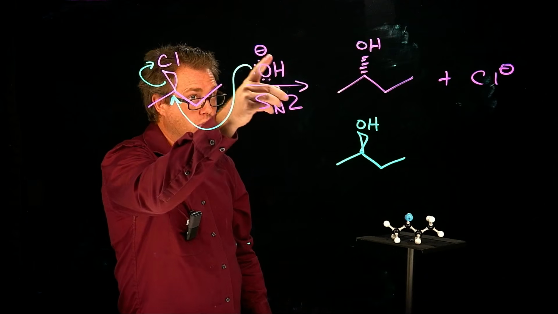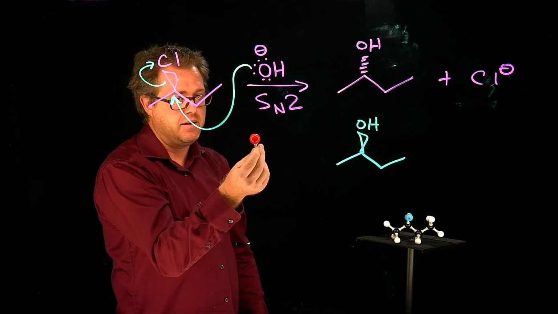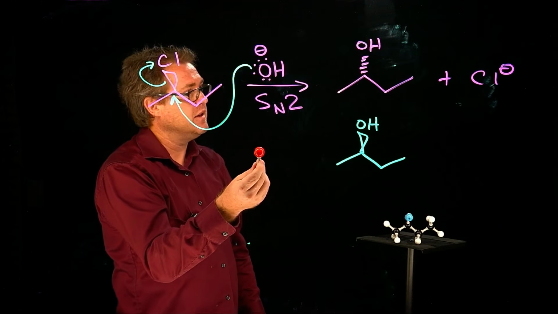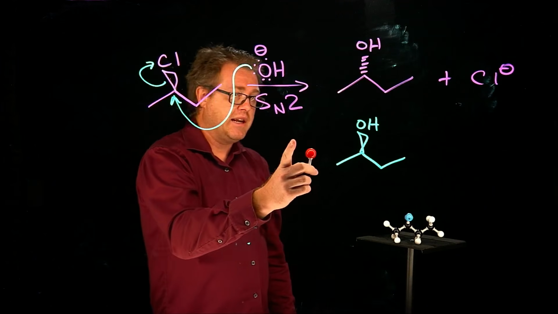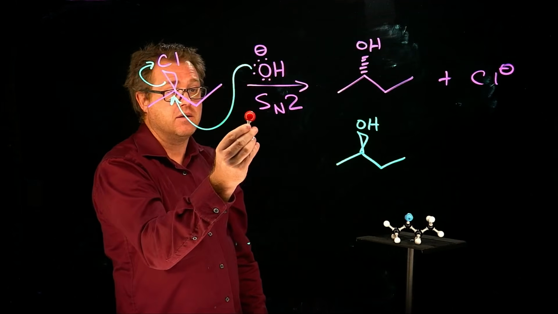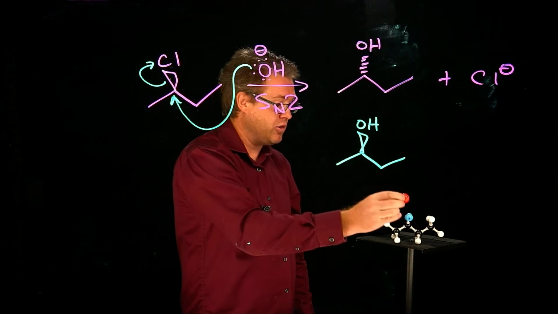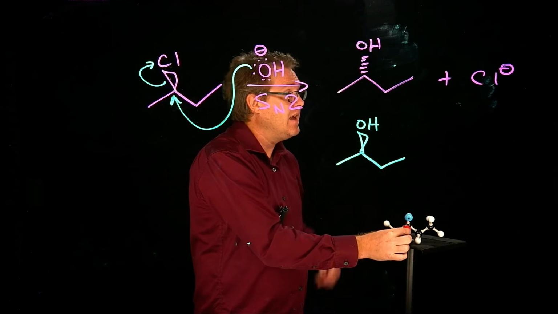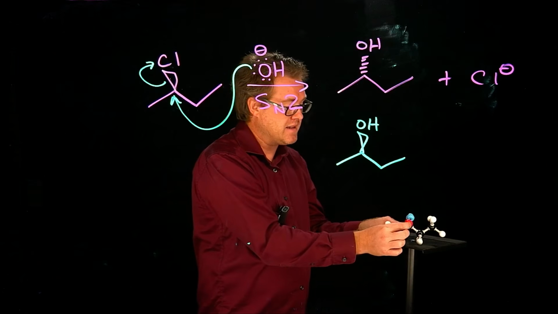So that whole OH is going to be represented by this single red sphere, and I'm doing this just to keep things simple. So in order to get this incorrect product, how would this atom have to approach the molecule? It would have to approach from the same side as the blue atom. And that would be front side attack.